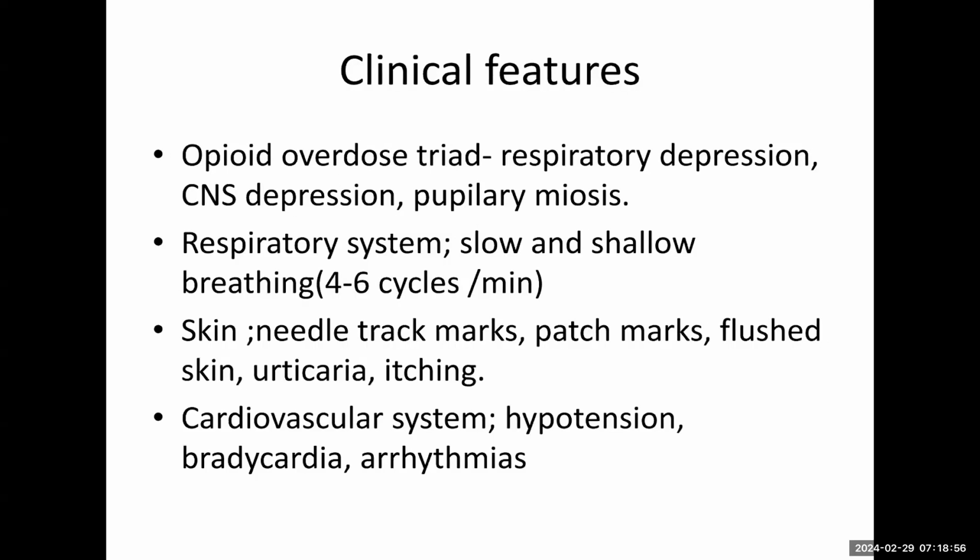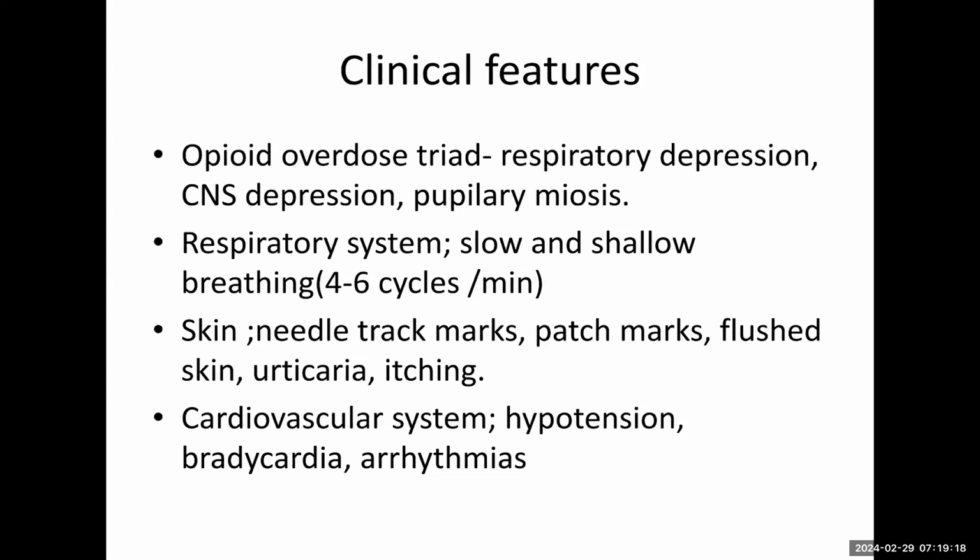The clinical features: the opioid overdose triad is respiratory depression, central nervous system depression, and pupillary miosis. But it's also worthy of note that constricted or pinpoint pupils are not universally seen in patients with opioid overdose.